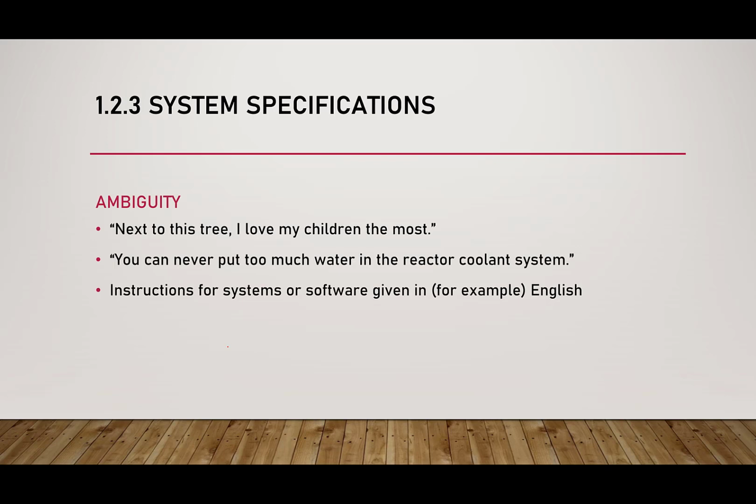So I know it's a silly thing, but when you're talking about a software system, the last thing you want to do is build a system that you thought was what they wanted, and it turns out it wasn't. So you have to be very specific in your language, and you have to be unambiguous.